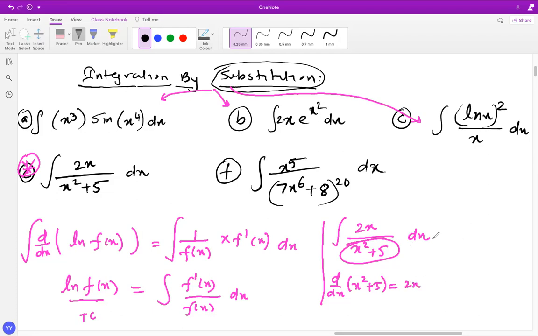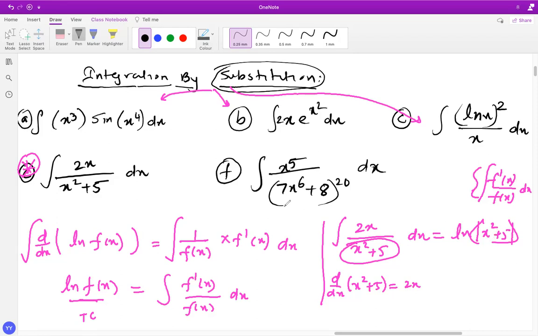So it's like f dash x over f of x format. The integration of this is going to be straight away ln of x squared plus 5. You can just write down ln of x squared plus 5. No need to put absolute value because for any x value it is going to be positive.